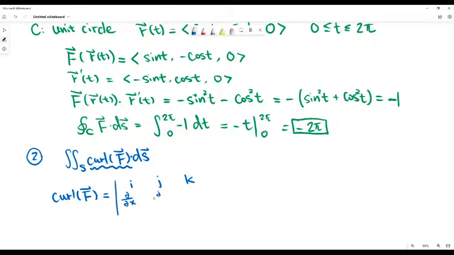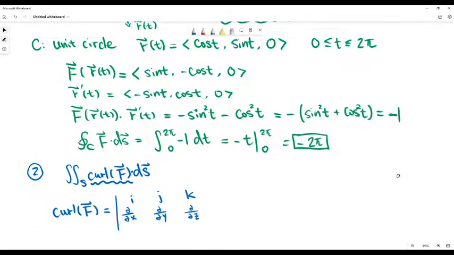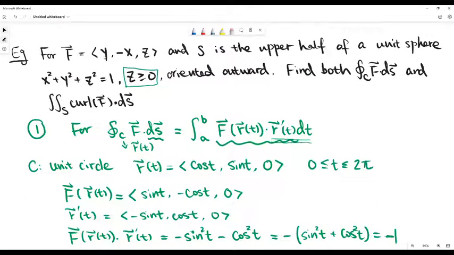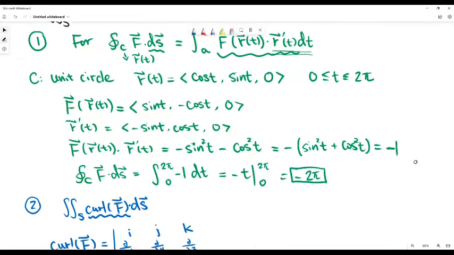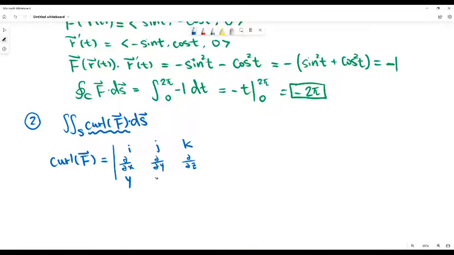These are just notations to say we are going to take partial derivatives of each component of my vector field F, and again my F is y, negative x, z. So for my i component, we're going to do these two diagonals: the partial derivative of y with respect to z, which is just 0, minus the partial derivative of negative x with respect to z, which is still 0. So my i part is really just 0.